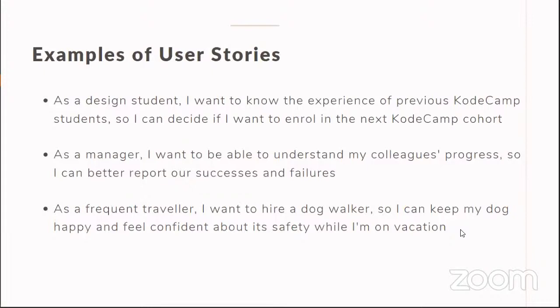So what feature can we add to help Michaela? She wants to hire a dog walker, so she can keep her dog happy, and then she'll be confident wherever she is that her dog is safe. So what feature can we add to that app?